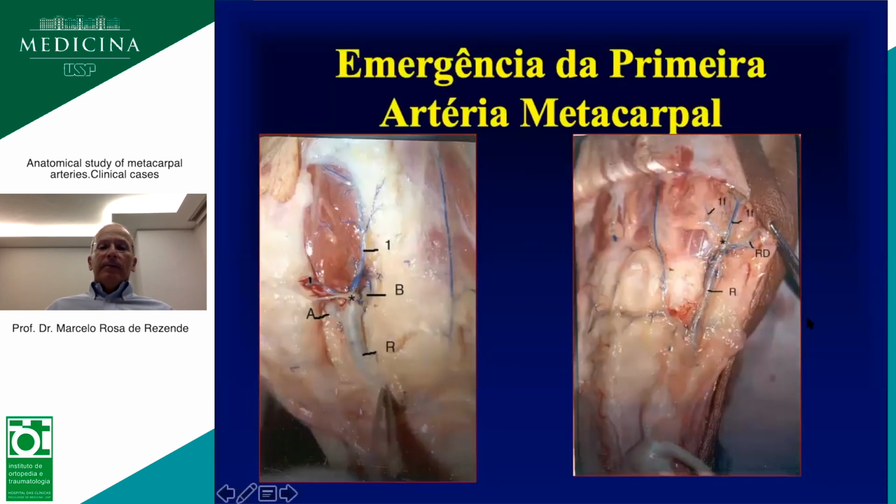Here we can see the emergence of the first metacarpal artery. It comes from the radial artery. We are going to show it in detail in the coming slides. On the right side, we can see an overview where we have the radial artery and the three distal branches that we are going to talk about later.